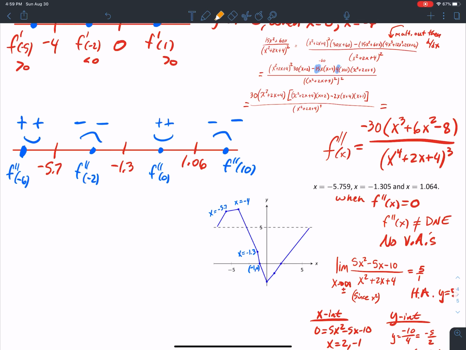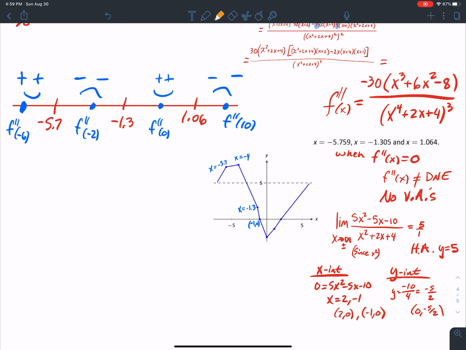And then the y-intercept for that one, the x-intercept for this one, and the y-intercept for that one. And then I have another change in concavity, a point of inflection. And then here another x-intercept, and we go on from there.